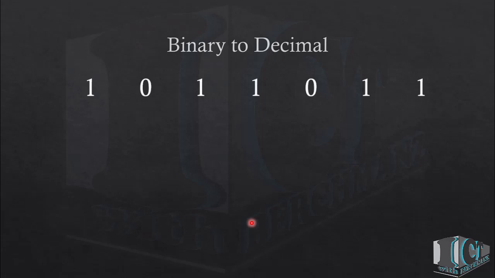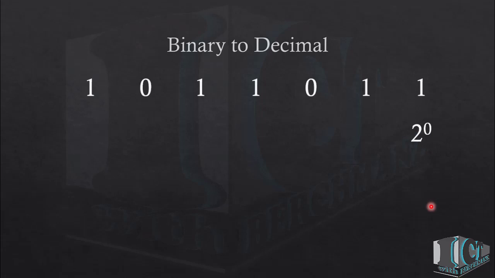Since this is a binary number, I'm going to write the place values of 2 to the power 0 to the number that we have here. I will start with 2 to the power 0 starting from my right side. So the first digit from the right will have the place value 2 to the power 0.